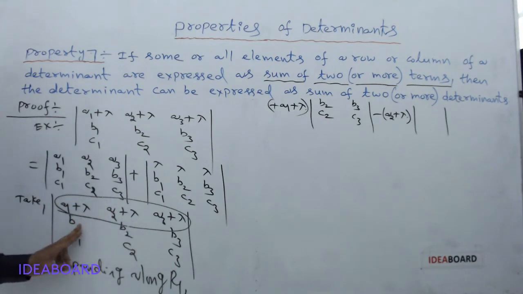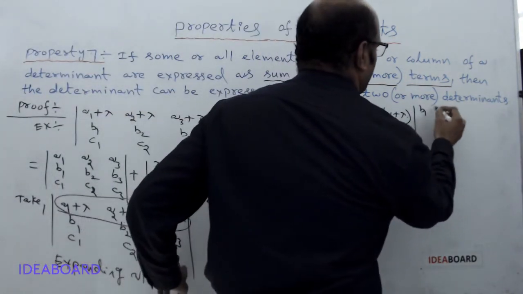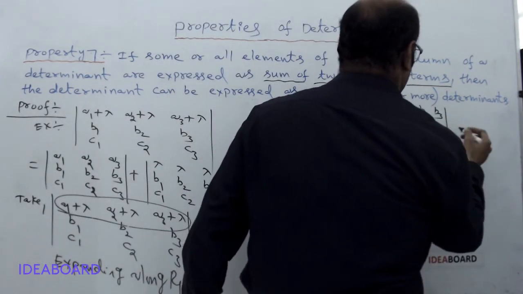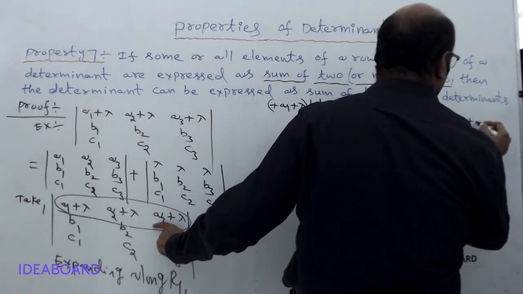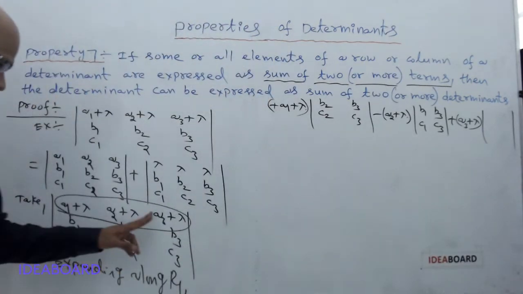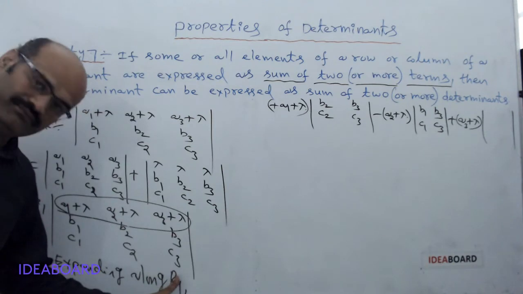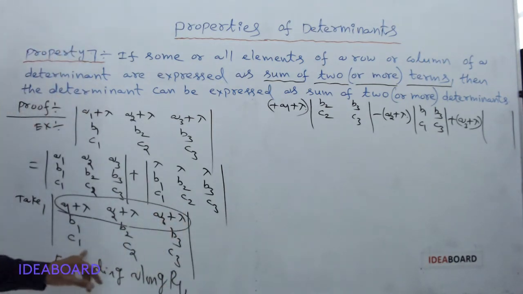So the remaining 4 elements we have to write now: b1, b3, c1, c3, plus a3 plus lambda into minor of a3 plus lambda. Here a3 plus lambda lies in first row and third column. So we have b1, b2, c1, c2.